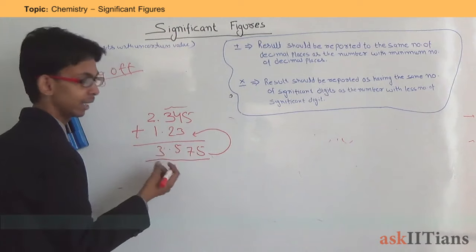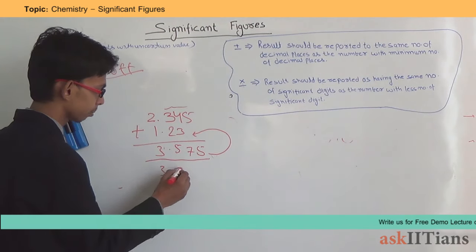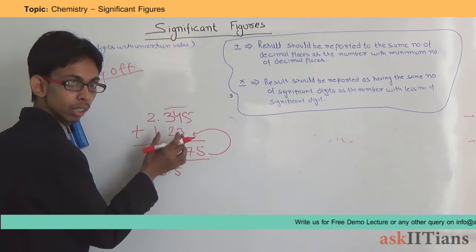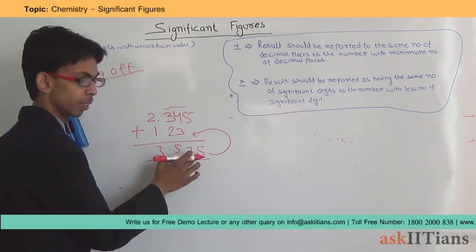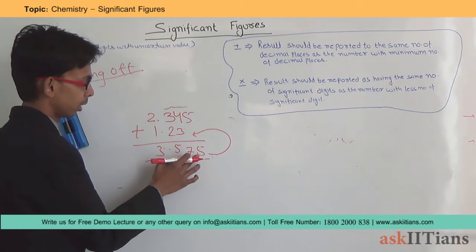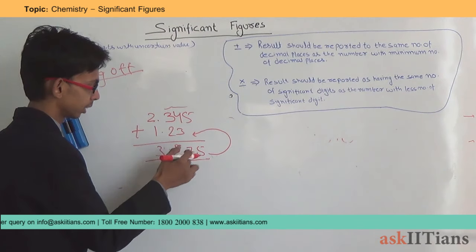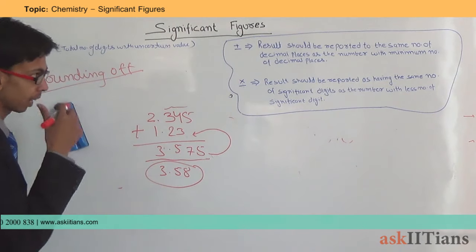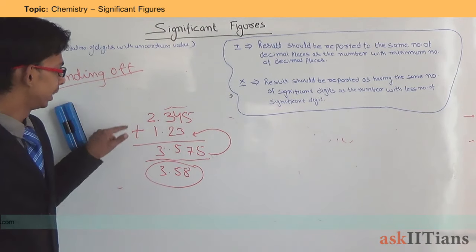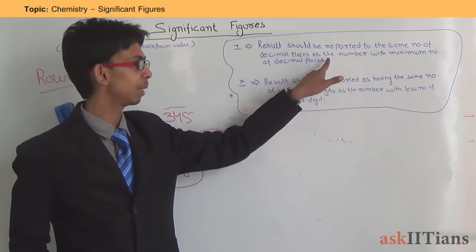So in that case we need to round off our digit, that means we will report it in the form of 2 decimal places, that means we have to remove 1, that is 5. So if we want to remove 5, we need to look at the preceding number, which is odd, so we need to increase it by 1, so it will be 3.58.